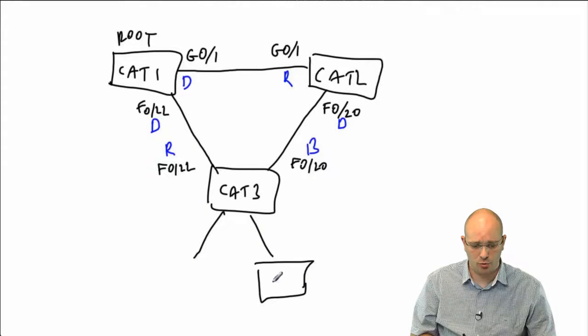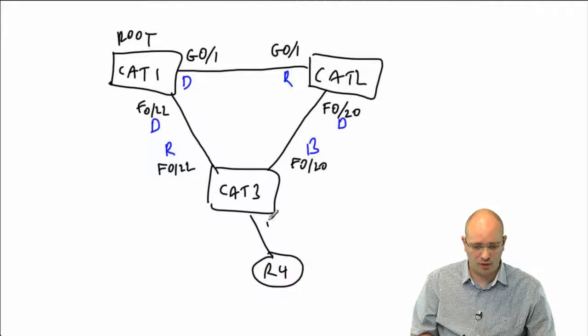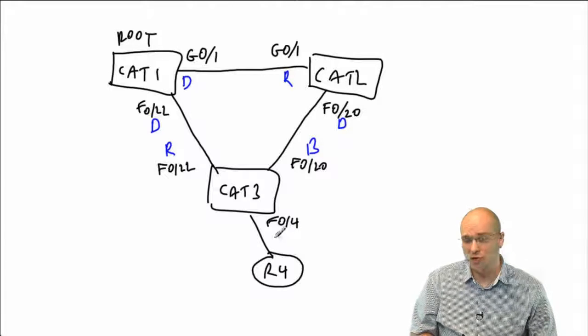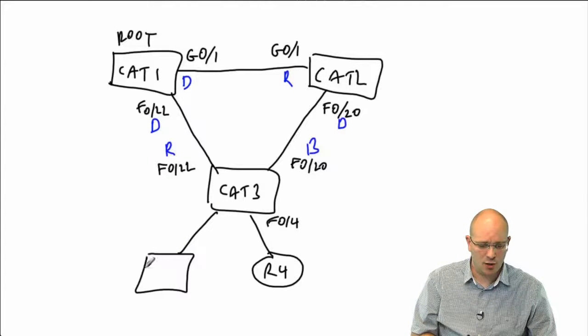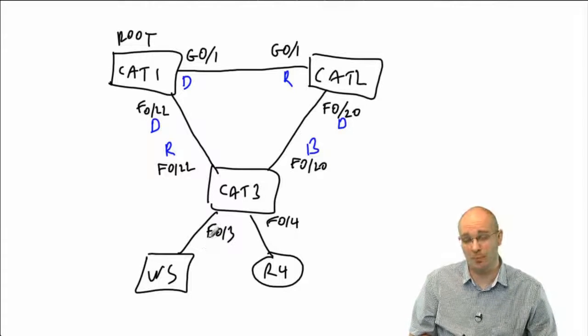This is my router R4, which is connected on FastEthernet 0/4, and the only reason I need it is to have this interface up, no other reason. I also have a Wireshark station connected to Cat3 on the FastEthernet 0/3 interface that I'm going to use to observe what is happening on my network when I initiate the failover.